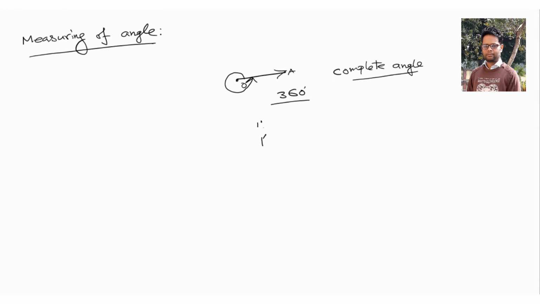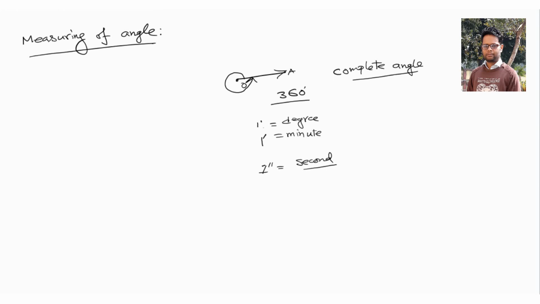This one is 1 degree, and this is a minute. Now 1 double dash is a second.